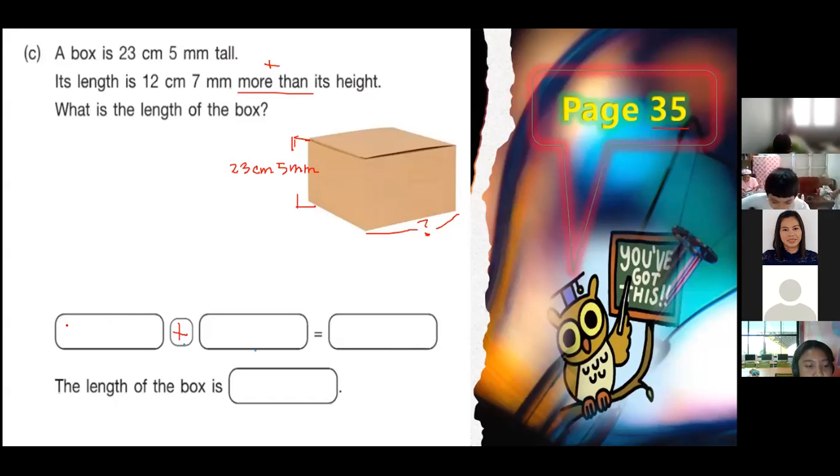That is 23 centimeter and 5 millimeter plus 12 centimeter and 7 millimeter. So what is the answer?